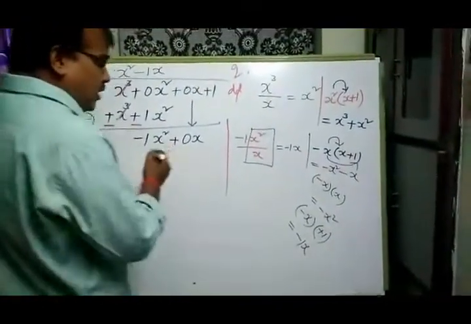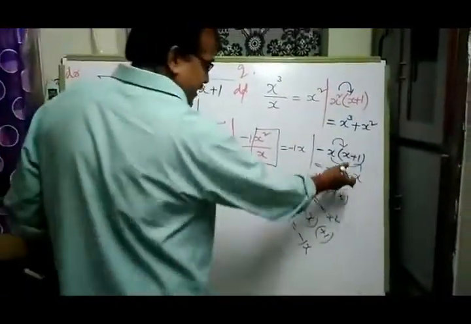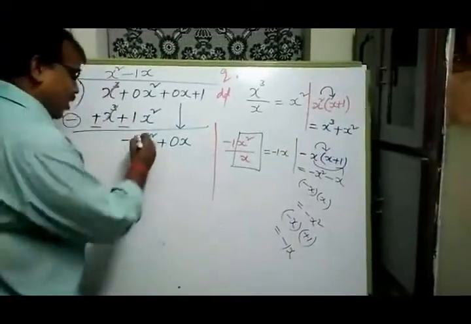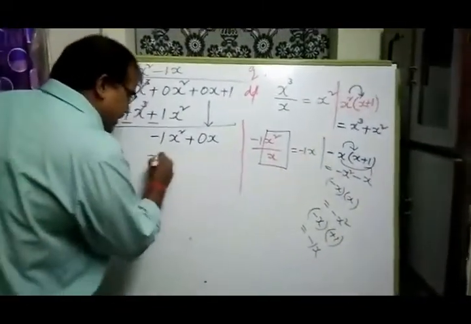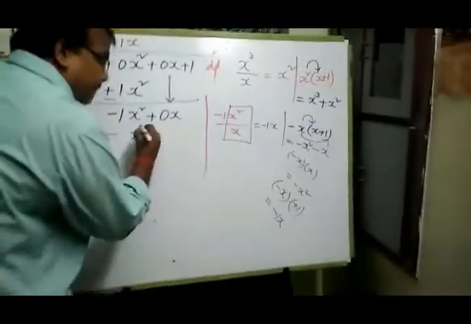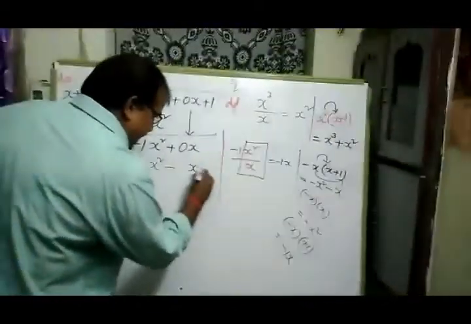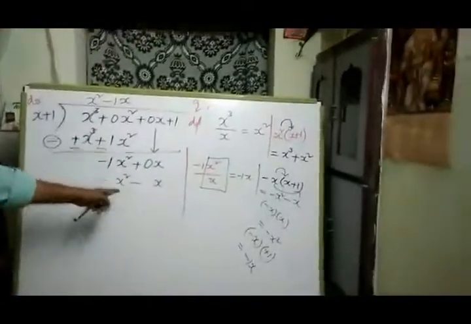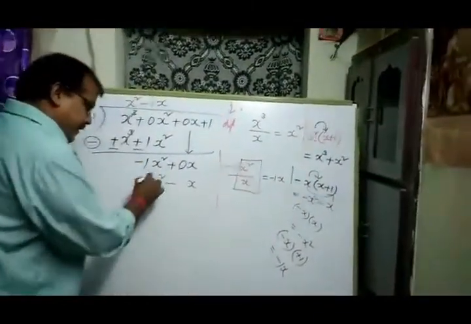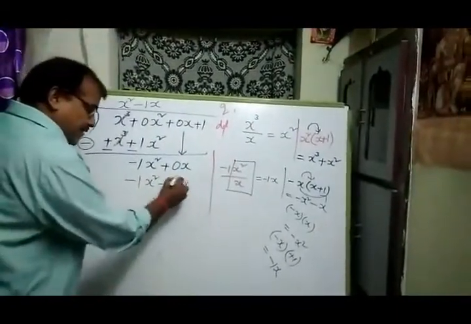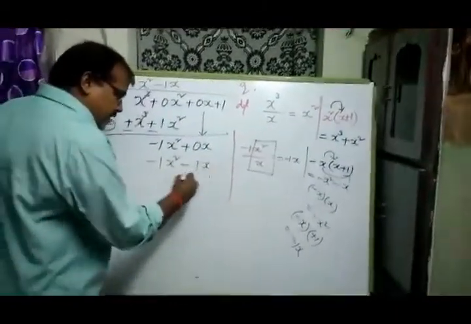So the result right below is minus 1x square plus 0x. What is that? Minus x square, minus x square, minus x. There is no numerical coefficient for x square, that is nothing but 1. Here the numerical coefficient of x is also 1.